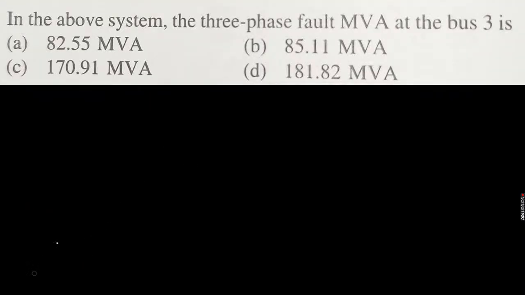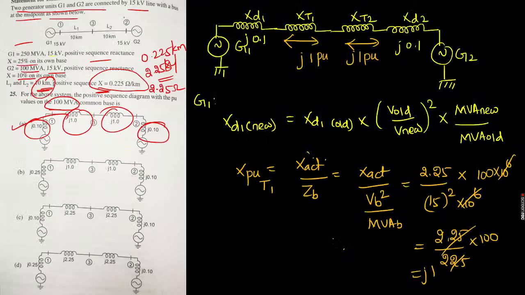See what they have asked next. In the above system, the previous question: in the above system, the three-phase fault MVA at bus 3 is dash. Very good question. Let us take the same question. Where is the question? This is the question. We want this diagram.